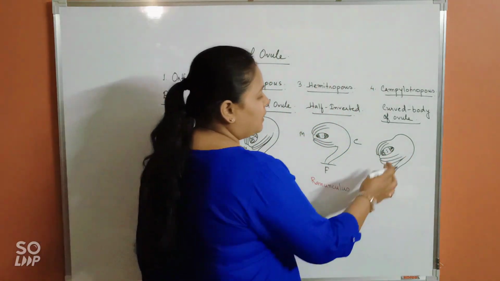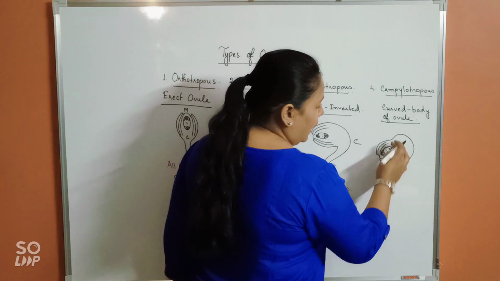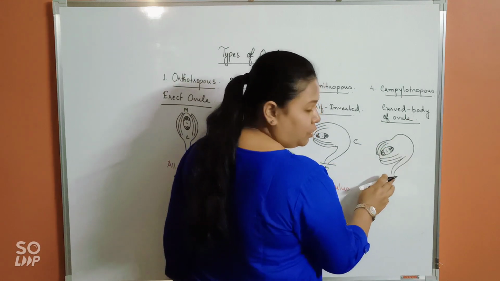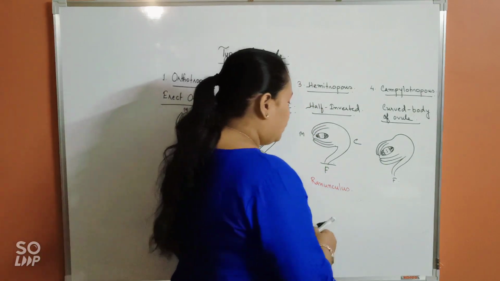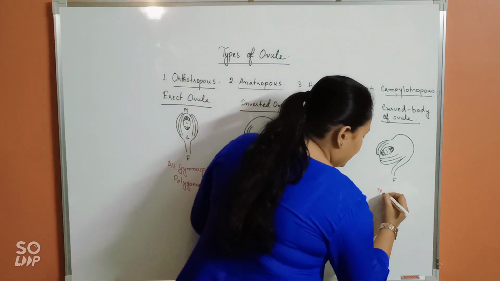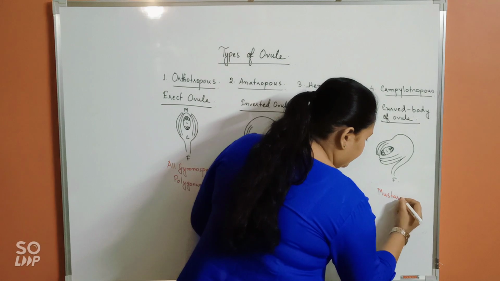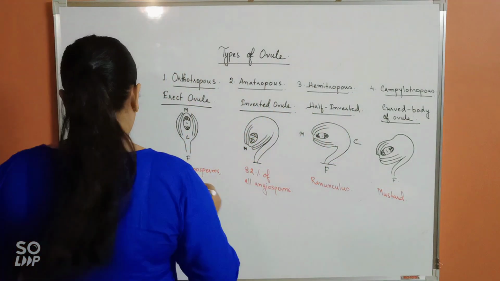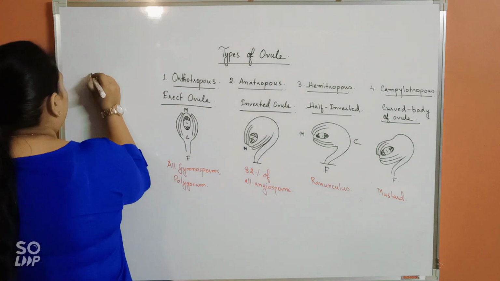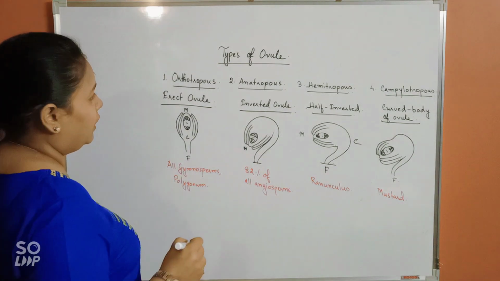Alright, there will be a slight curvature that is going to be opposite to the funicle. Alright, example would be mustard.